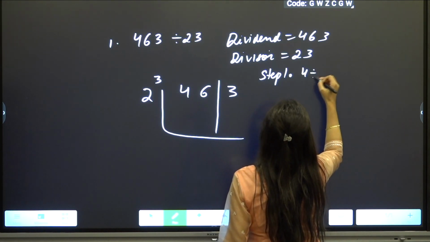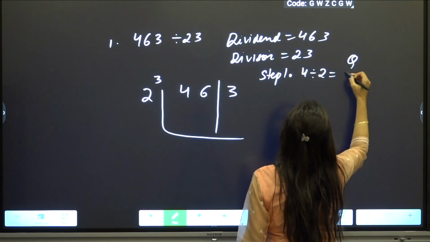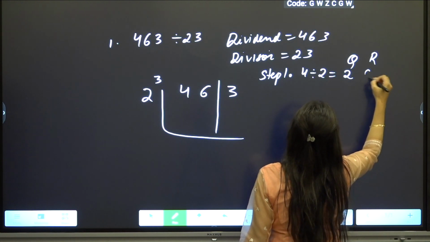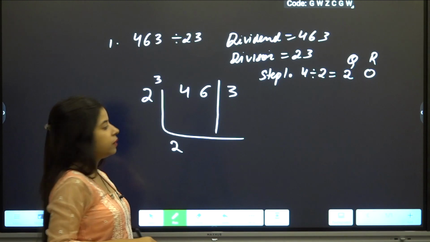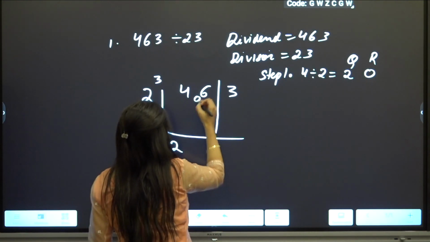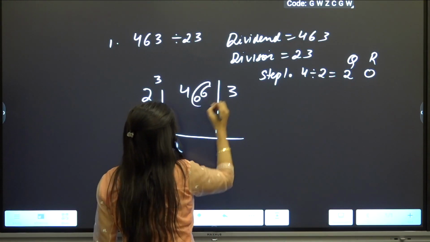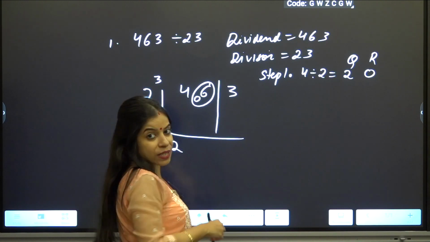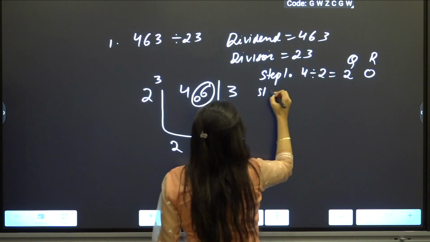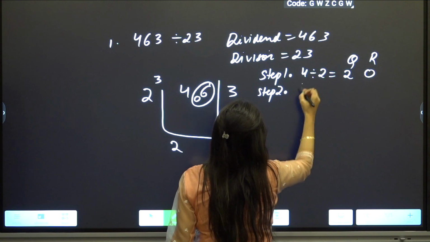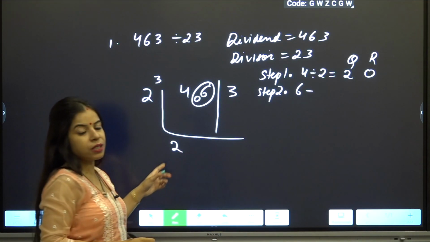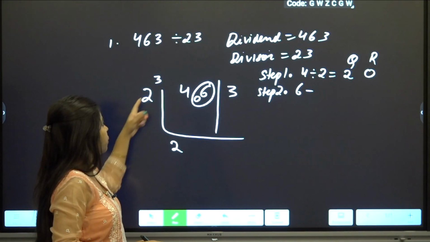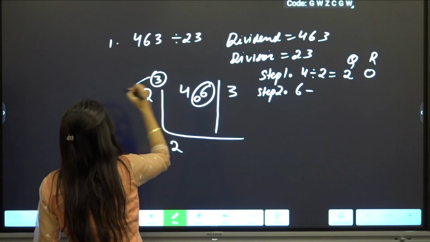4 divided by 2, quotient is 2 and remainder is 0. So we are going to write here 2 and remainder we are going to write here like this. So this will become 0, 6. For step 2, what we are going to do is 6 minus the first digit of the quotient, we are going to multiply it with the flag.